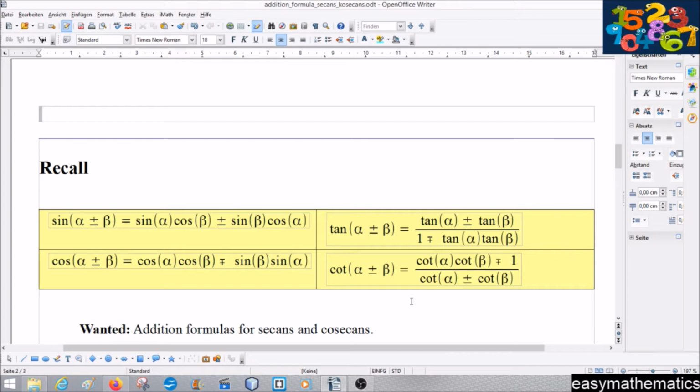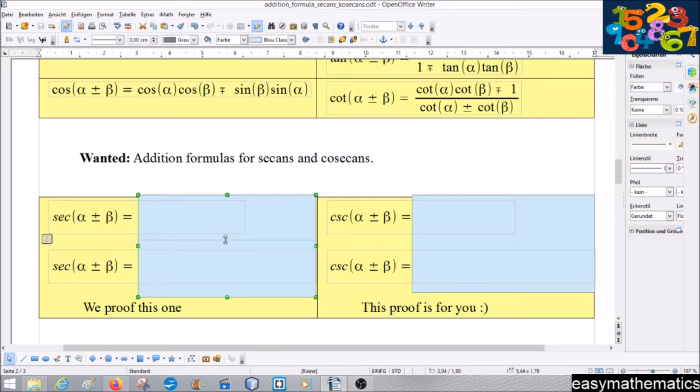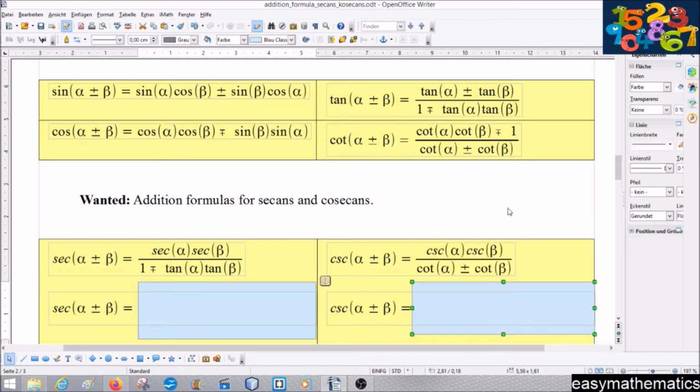I will not prove this one. But what we want to discuss are addition formulas for secants and cosecants. And I want to show two ways. The first one looks quite similar to the tangent addition formula, and also for the cosecants.